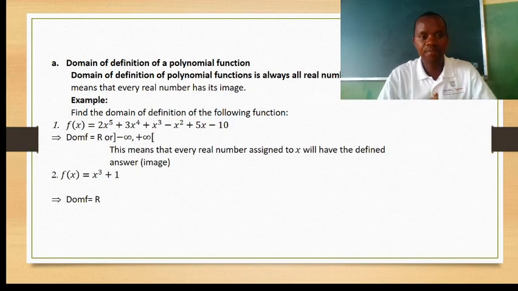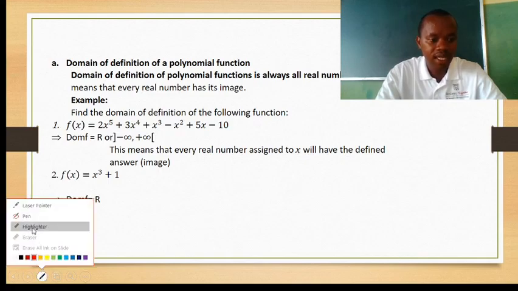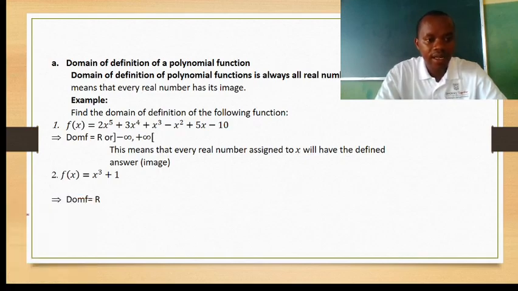We have example number 1. The function is f of x equals 2x power 5 plus 3x power 4 plus x power 3 minus x squared plus 5x minus 10.